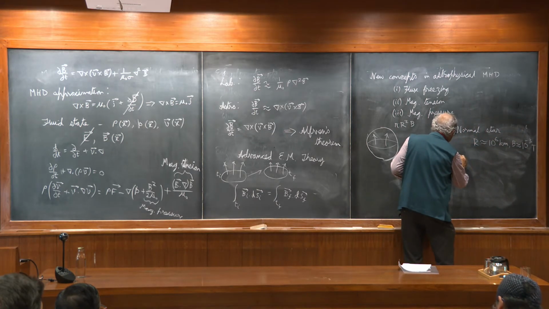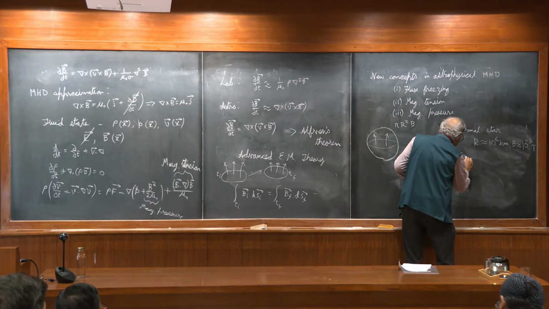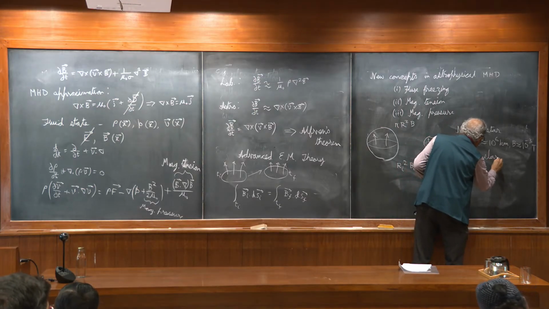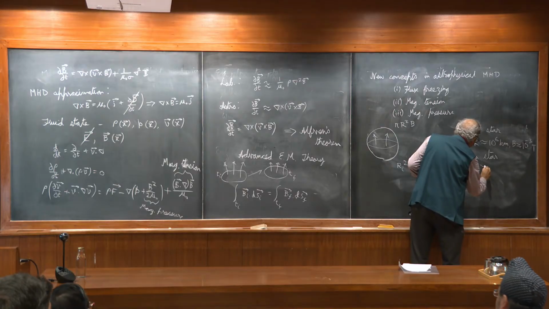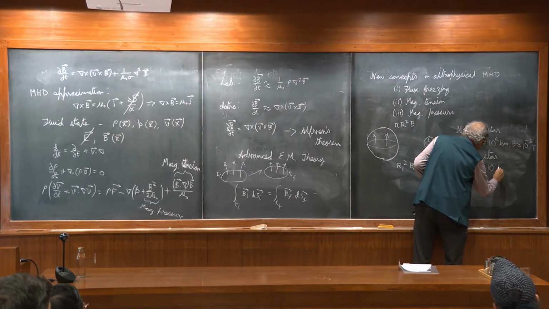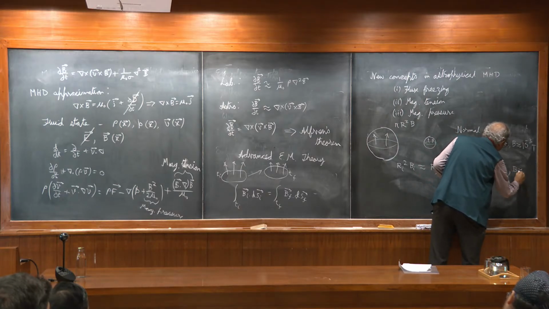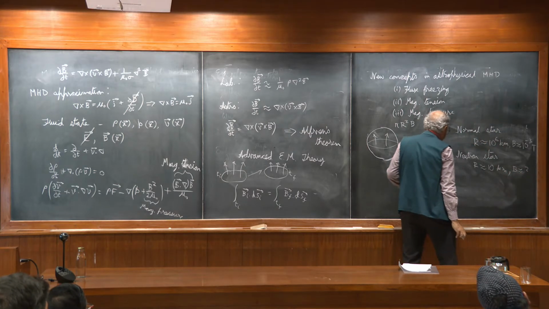If you get a neutron star, its radius is of the order of 10 kilometers, and we want to figure out what the magnetic field is like.